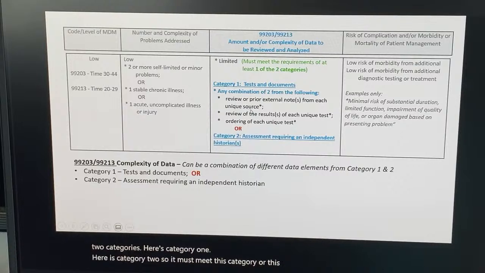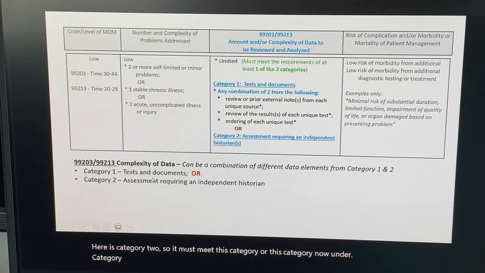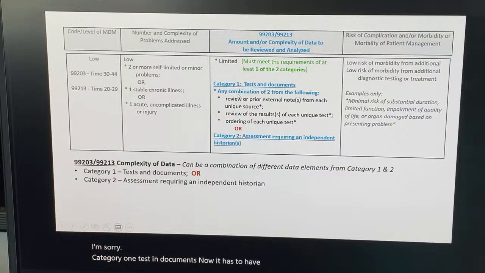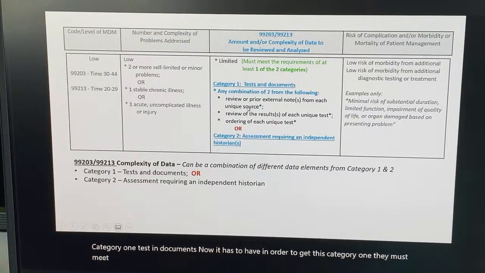Now under category 1, it is tests and documents. In order to get this category 1, they must meet at least 2 of any of these 3 that are listed here.